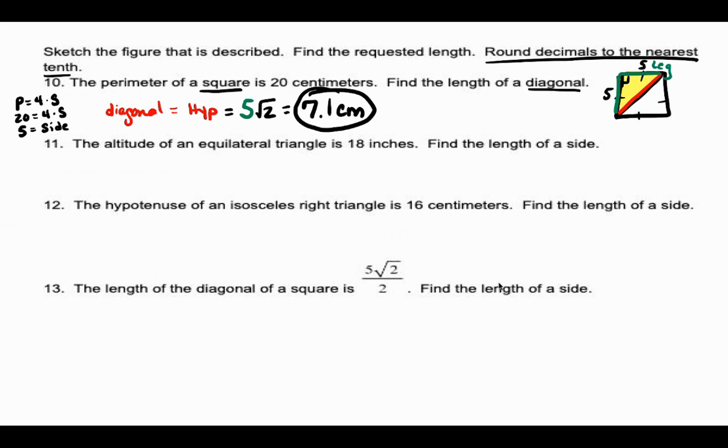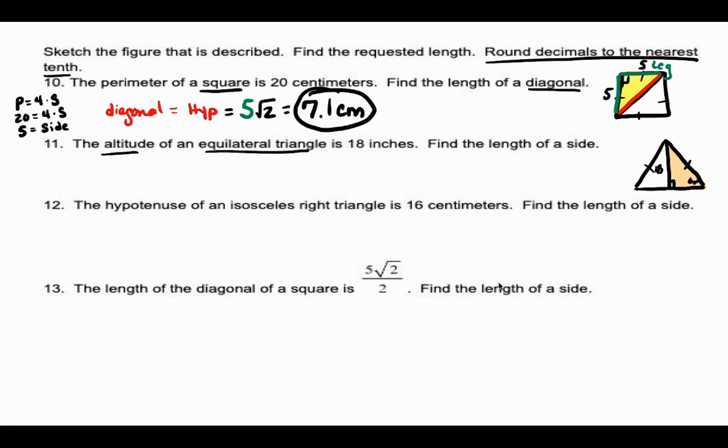In the next one, we're going to work with the altitude of an equilateral triangle. So an equilateral triangle with an altitude gives us a 60-degree angle down here. So we end up with half of this is a 30, 60, 90 right triangle. The altitude is 18.